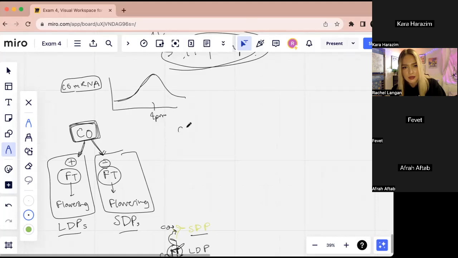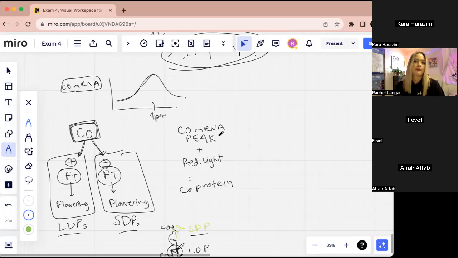So the key is CO mRNA peak plus red light equals CO protein. So it's this relationship here that creates the CO protein.